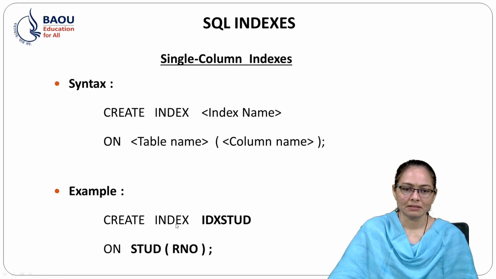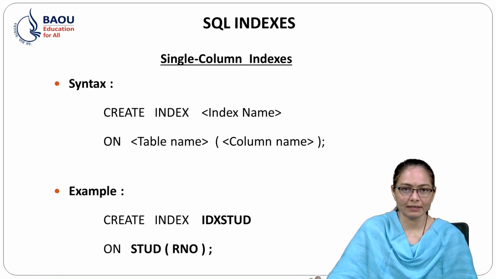It means the index is created on the student table, and in which column? The roll number column. The index is created on the roll number column from the student table. So write down this command.